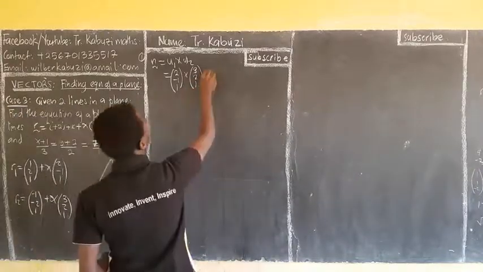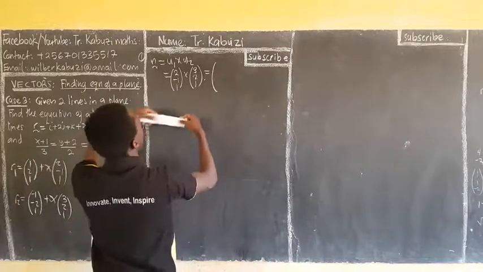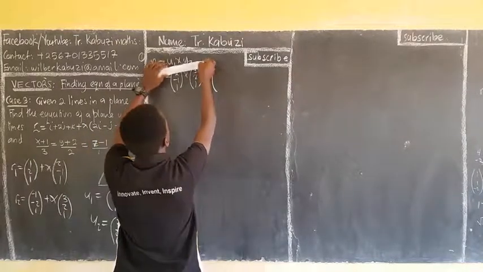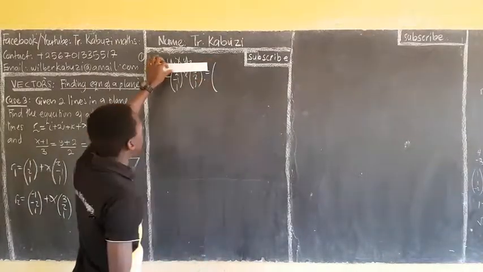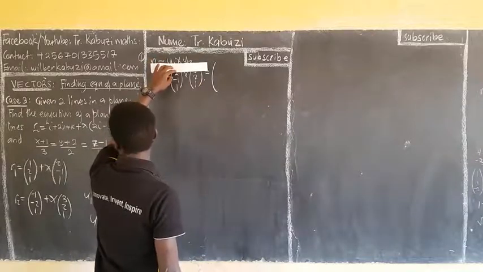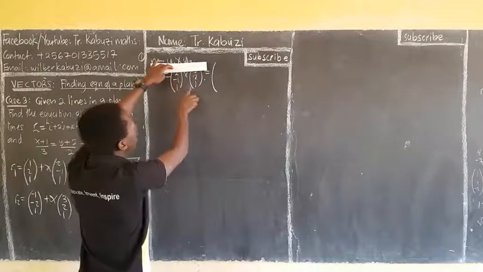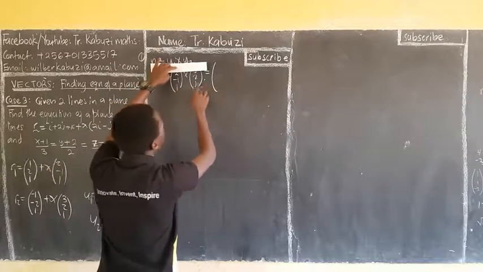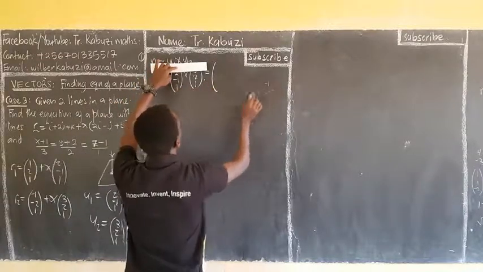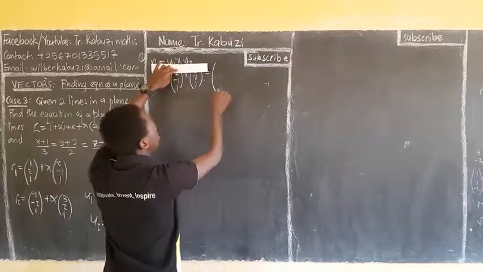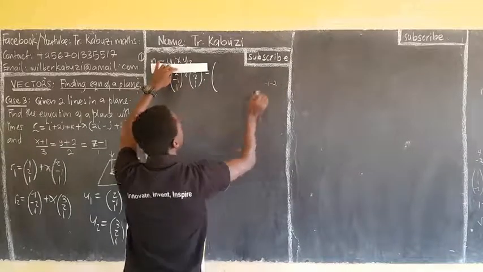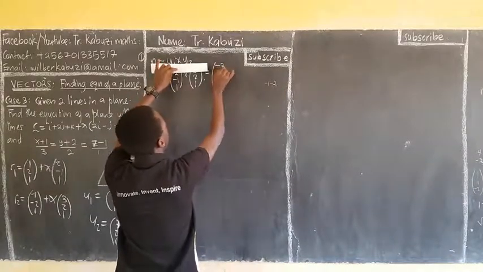What you do is you cover the first. When you cover the first, we are going to be having now negative 1 times 1, which gives negative 1. Then minus 1 times 2, which is negative 2. So which will give you a negative 3.